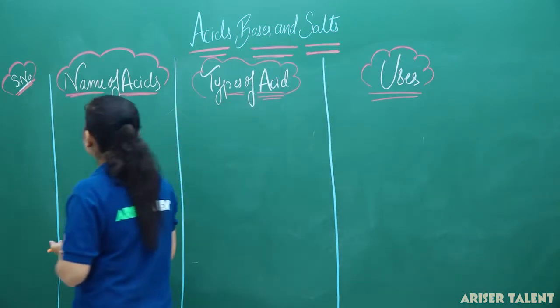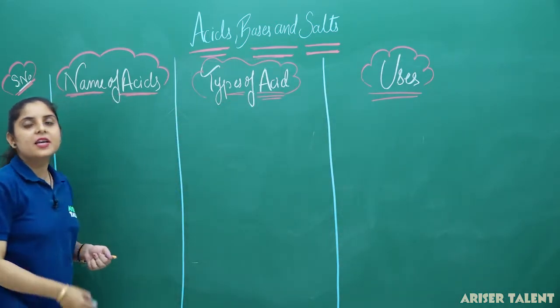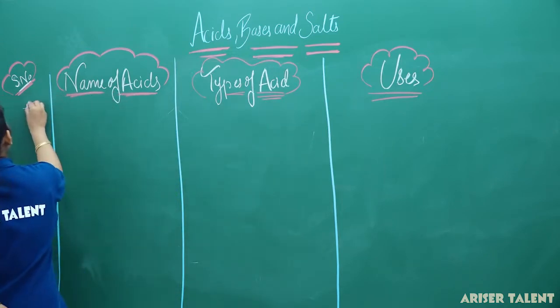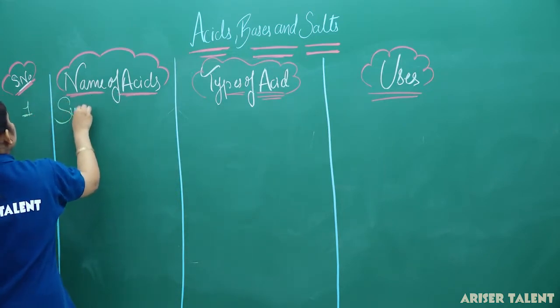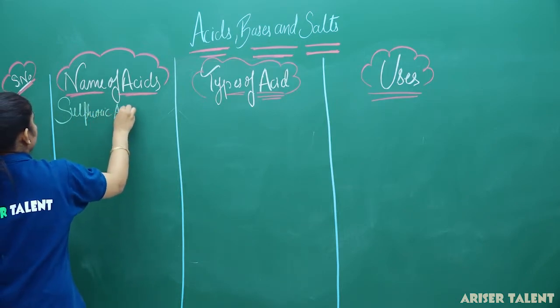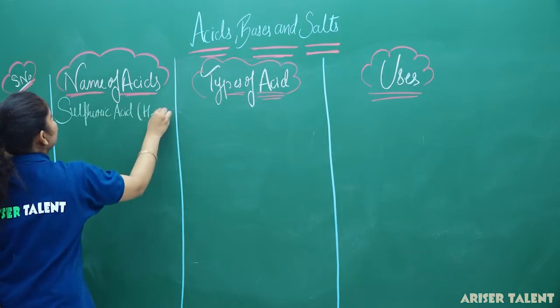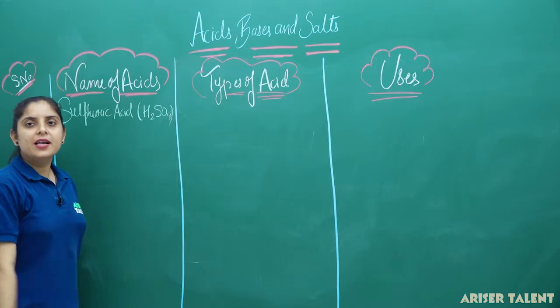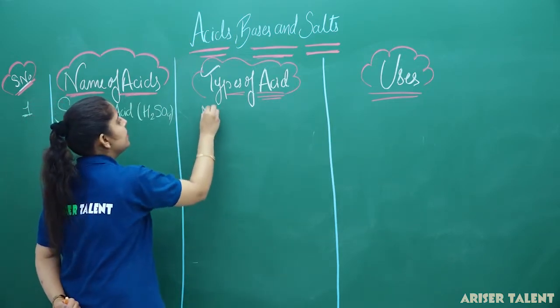Now the first acid I am considering here is the king of the acids, known as sulfuric acid. The formula for sulfuric acid is H2SO4, and it is a type of mineral acid.